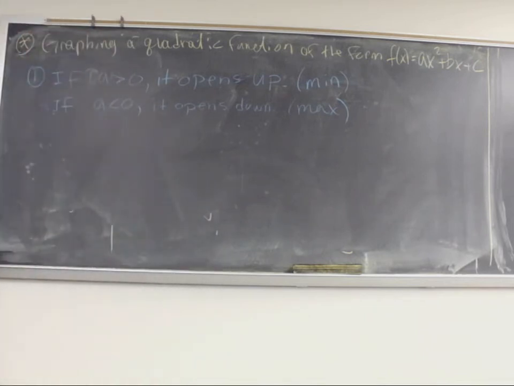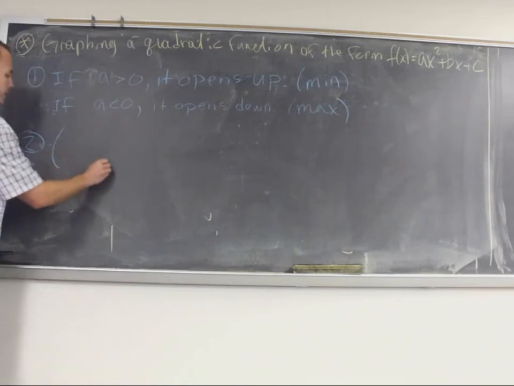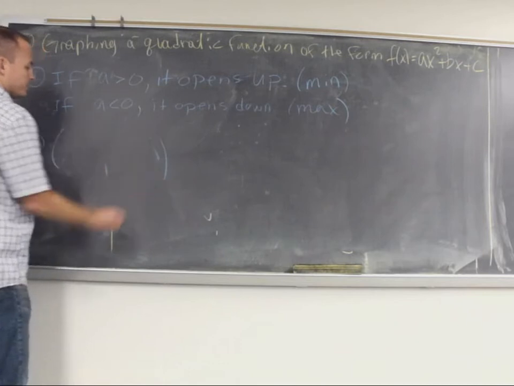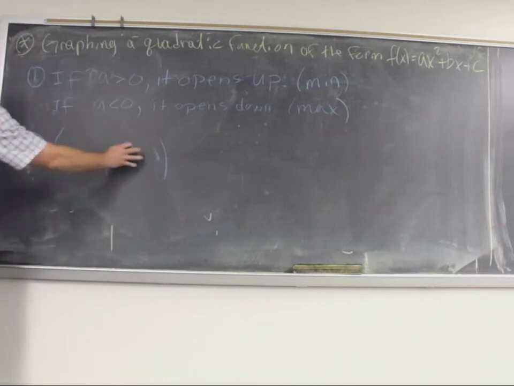Okay, step number 2 is now we need to find the actual vertex. So step number 2, this is another new one. It's a point, and just watch me before you write it. We're going to have an x value and a y value. So here's going to be my x and here's going to be my y.